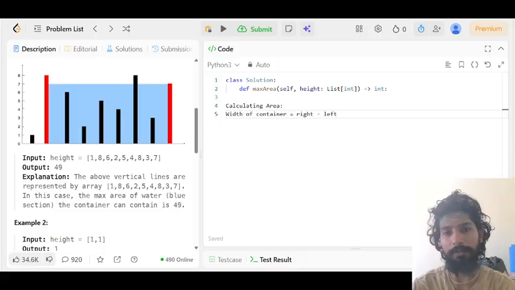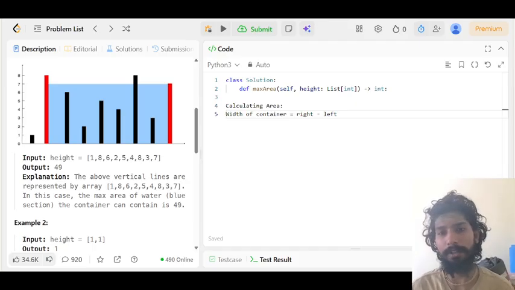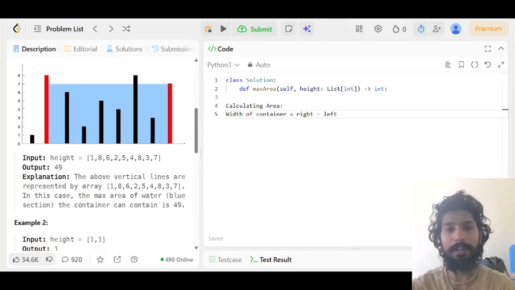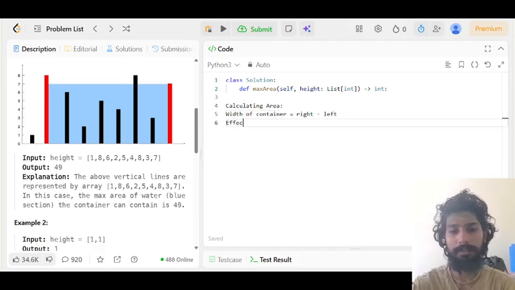But what will be the height of the water? The water cannot rise above the shorter line because it would overflow from that side. Therefore, the effective height is min of height left, height right.